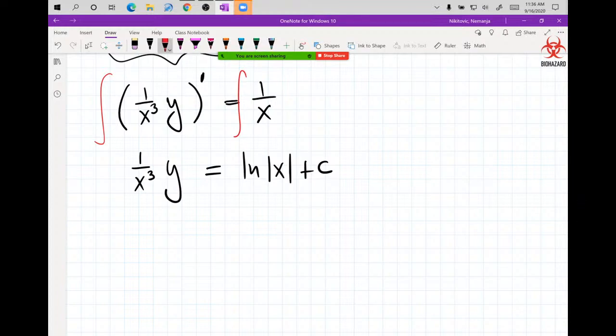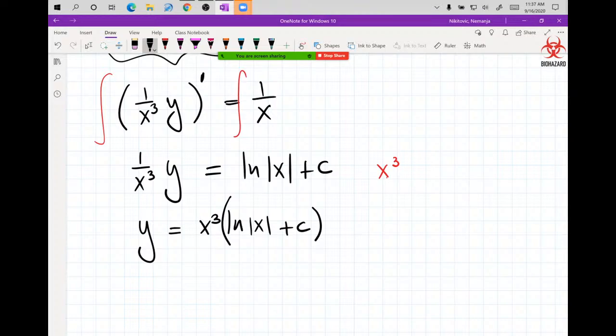Multiply both sides by x cubed and get y equals x cubed open parenthesis ln absolute x plus c. Again, c will not absorb x cubed. So if you're distributing, you have to have x cubed and then c times x cubed. You have to have it. If this was all just times 2, then you can just write c. You don't have to write 2c.